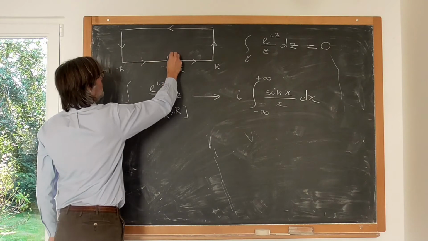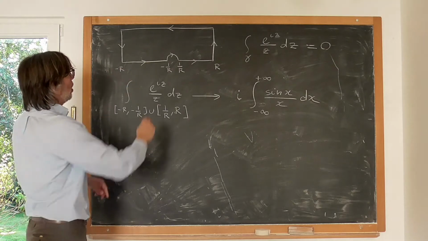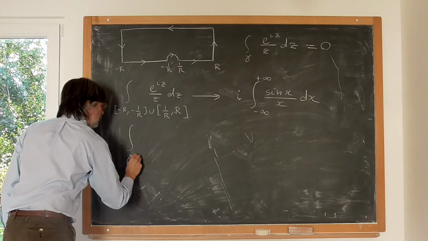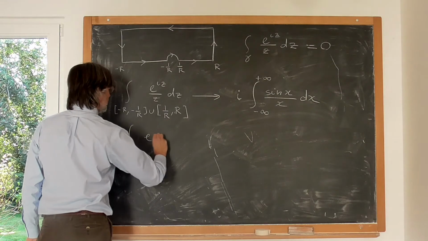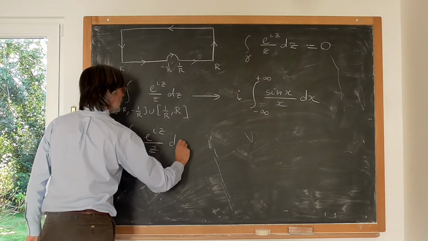And the final piece is, what is the integral over this? I won't give it a name, I will just draw the picture. What is the integral of e to the i z divided by z dz?